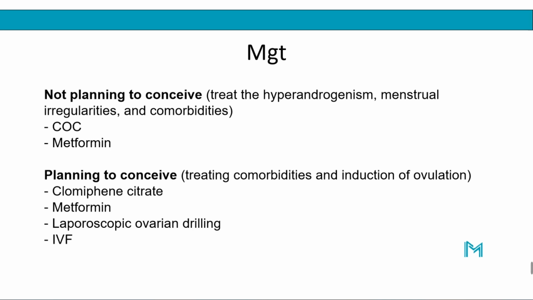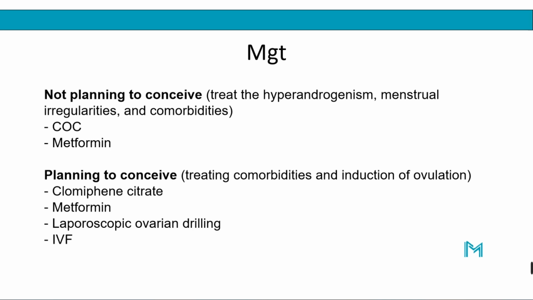Then you can have specific treatment measures that you can give to patients depending on their fertility wishes. So for patients who are planning to conceive or give birth, the treatment option is slightly different from those who are not planning to give birth or to conceive. So for those who are not planning to conceive, their main concern generally is the features of the hyperandrogenism that we've mentioned, the hirsutism, the acne, and then the menstrual irregularities.